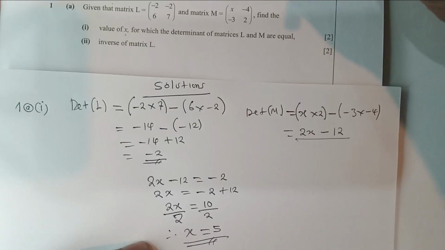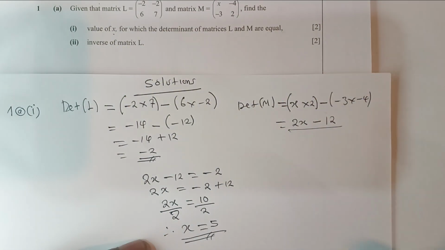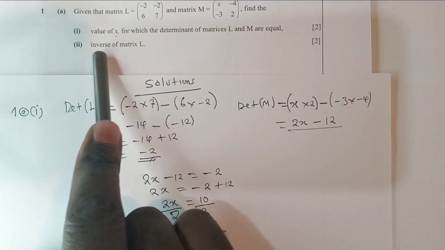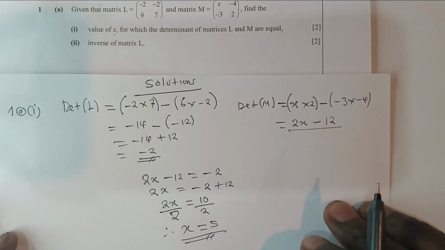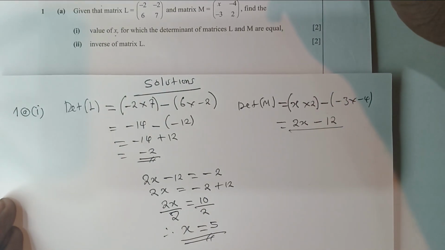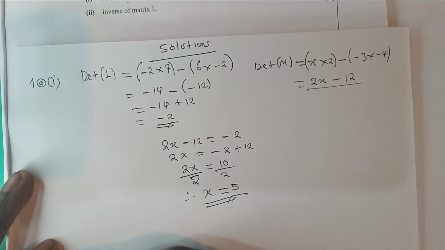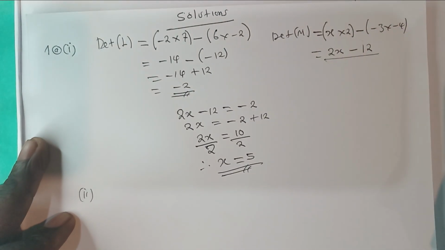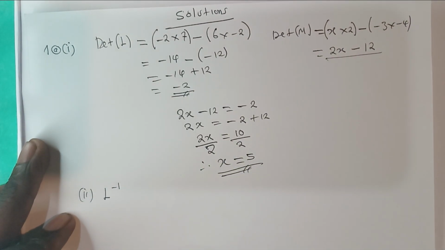I hope we are together on that one. So that is for the first part of the question. Then the second part is asking that we find the inverse of the matrix L. So how can we find the inverse of the matrix L? So we understand that for this part of the question, we want to find L inverse, okay?